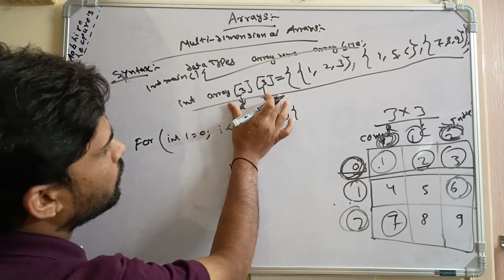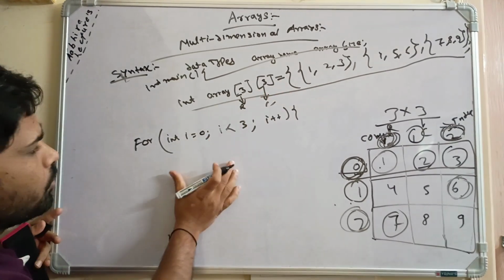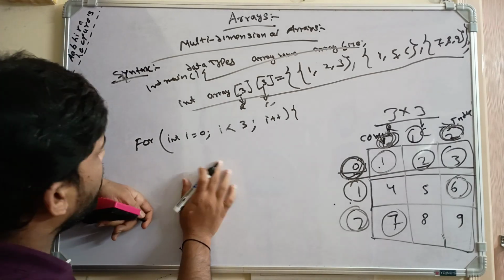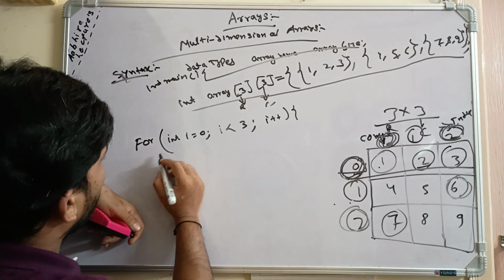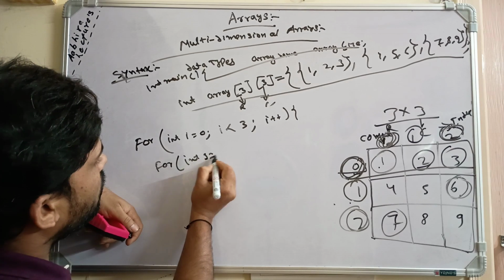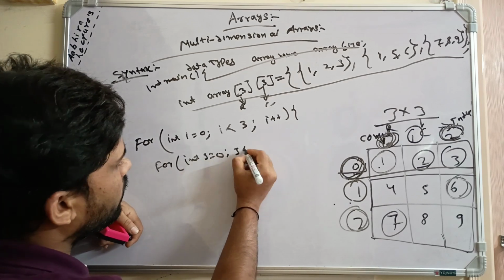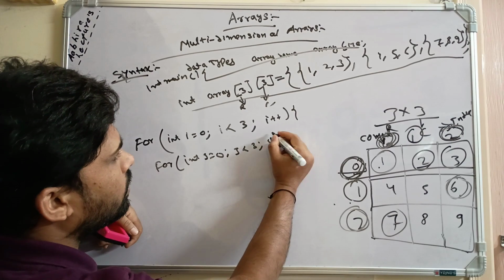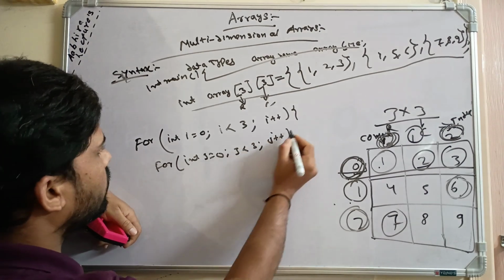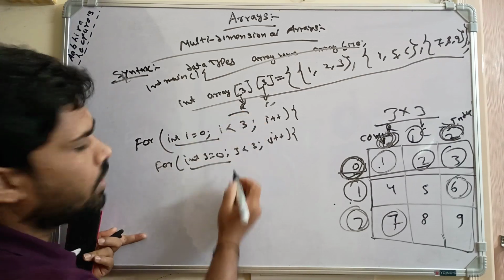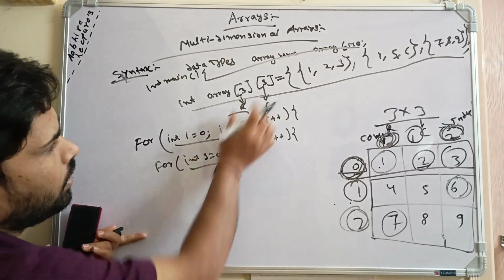So here 2 is there, row and column, right? So we have to write 2 for loops, like in a nested loop. So see again for, and j equal to 0, and j is less than 3, and j plus plus. One for taking rows, I for taking rows, j for taking columns, right?